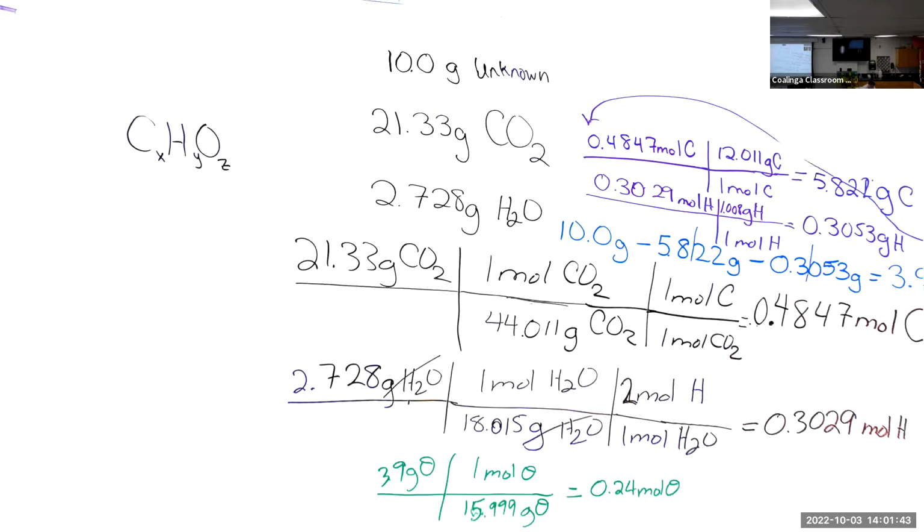So we have 0.4847, we have 0.3029, and we have 0.24. What is the smaller number? Okay, so then we're going to divide everything by what?